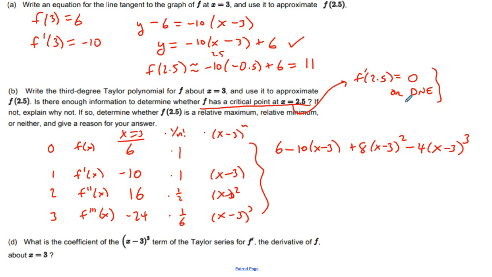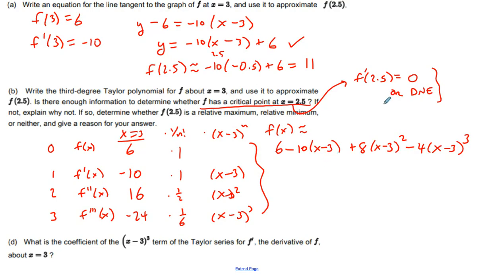That's when critical points are going to occur. And we have our approximate function here. We have our approximation for the function.